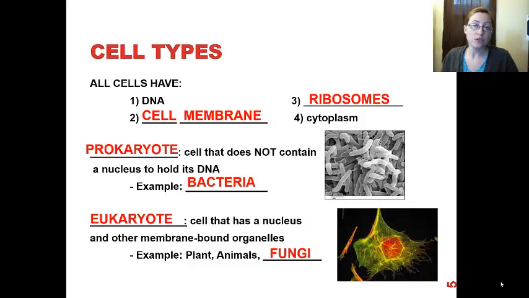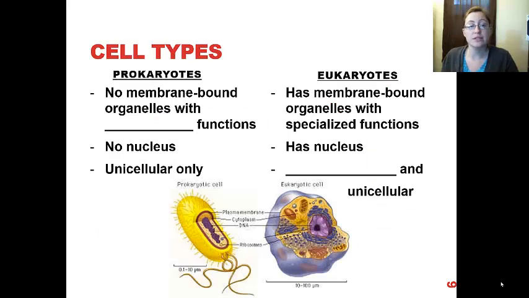So let's take a closer look, because it's an important objective to be able to distinguish between prokaryotic and eukaryotic cells. In the second half of this online video, we're going to be looking at all the different functions of these organelles that we're naming. But prokaryotic organisms have no membrane-bound organelles with specialized functions, whereas eukaryotes do.